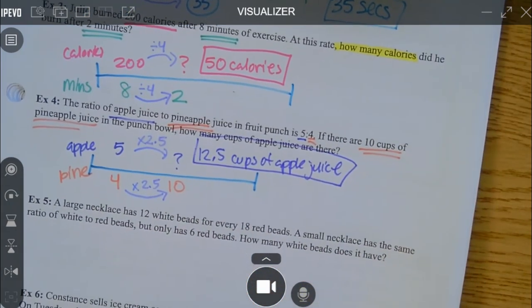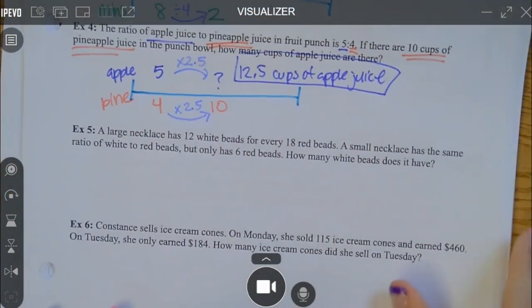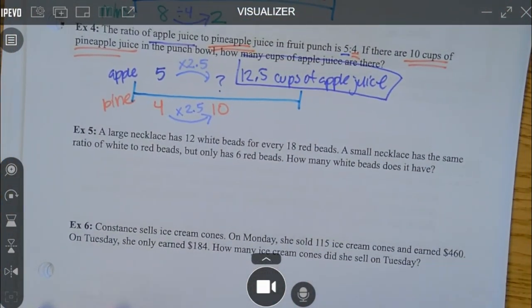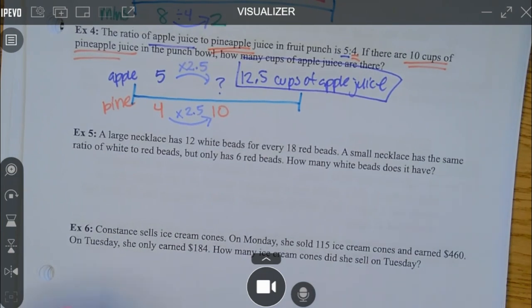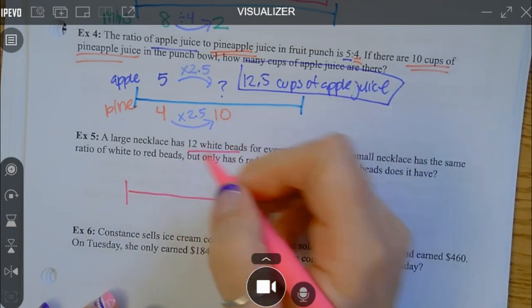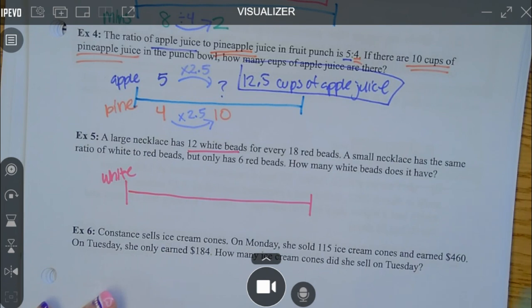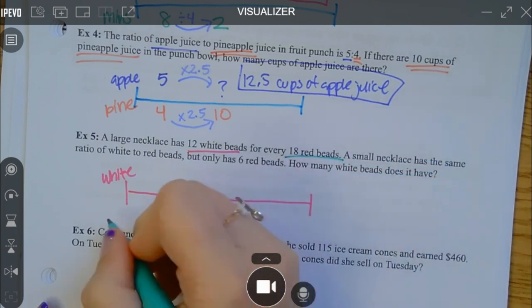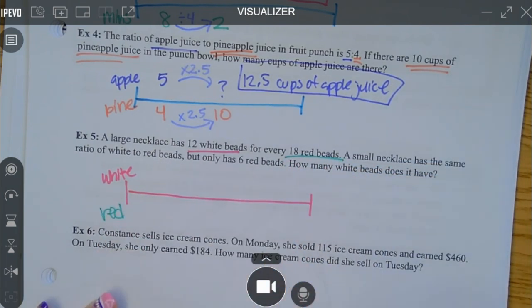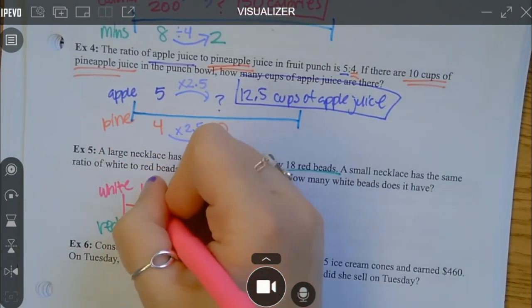Okay, only 2 more left. The next one says a large necklace has 12 white beads for every 18 red beads. Okay, so let's go ahead, and we're doing our double number line. And on top, we're going to be talking about white beads. And on bottom, we're going to be talking about red beads. Okay, so there was 18 red for every 12 white.